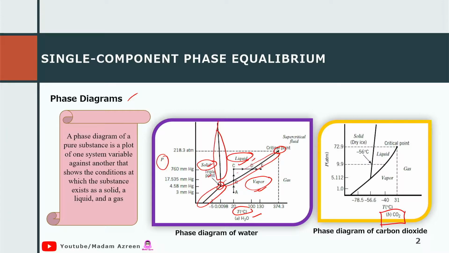This phase diagram is basically a plot of one system variable, in this case pressure, versus temperature, that shows the conditions at which the substance exists as a solid, liquid, and gas. That is the definition of a phase diagram.